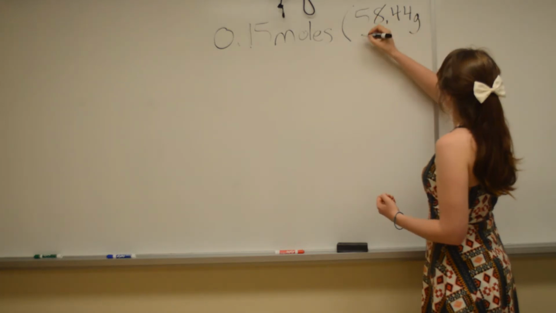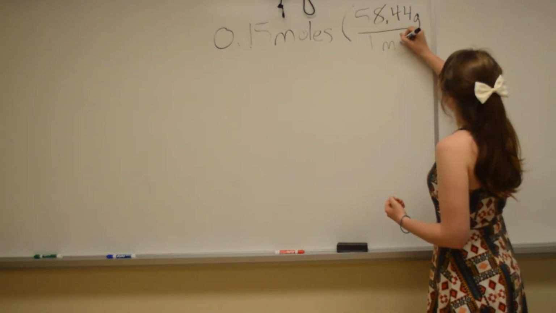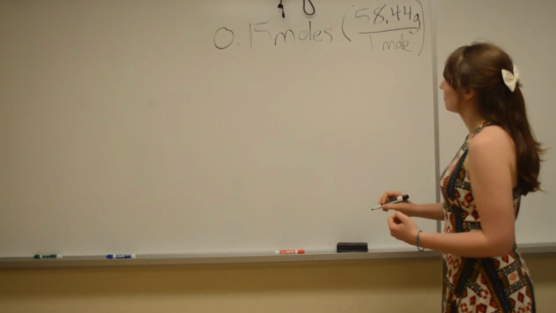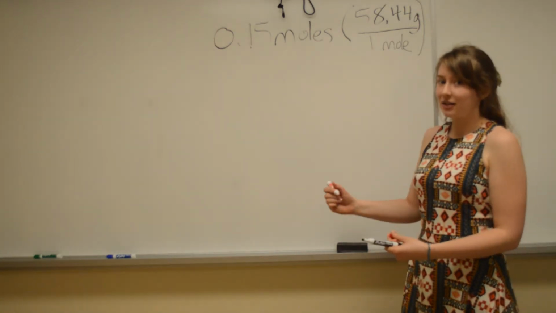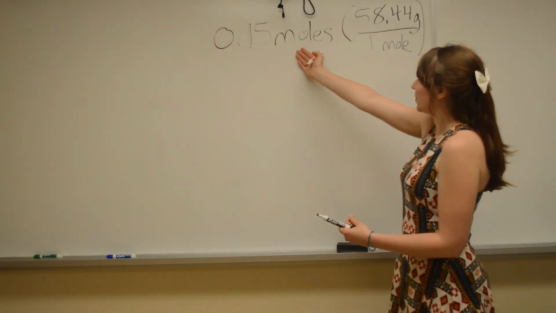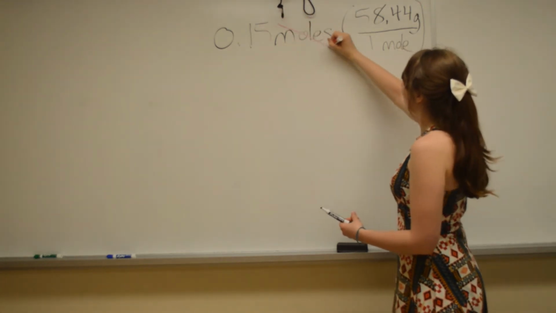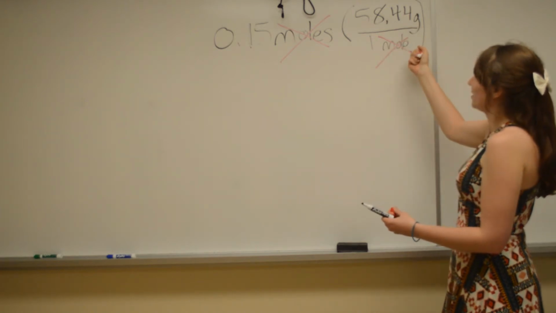So that's 58.44 grams per 1 mole. You can see here as well that the units cancel out. So we have moles on the top and moles on the bottom. If we get rid of both of those, we're only left with grams.